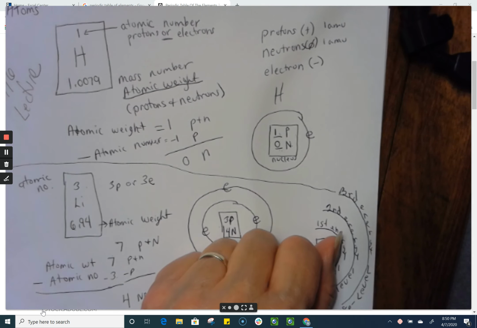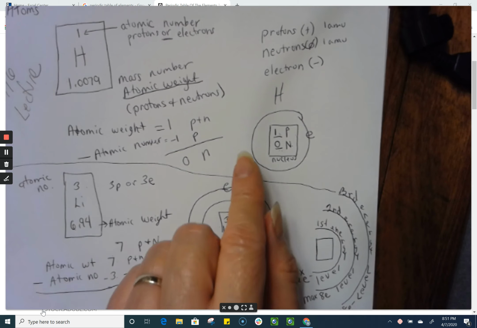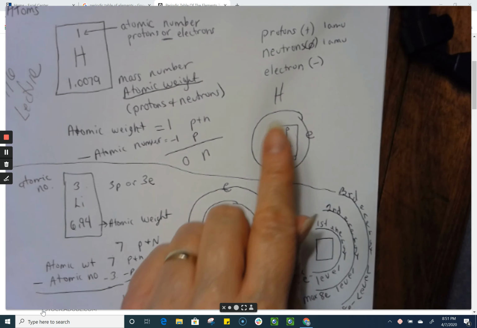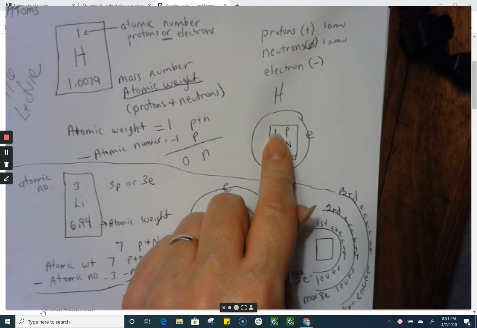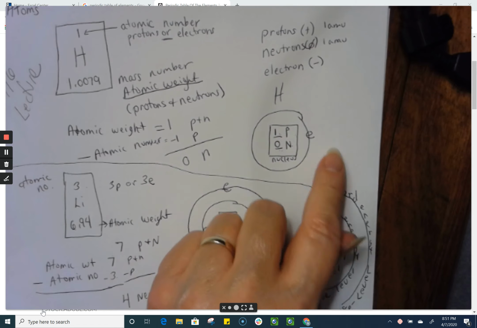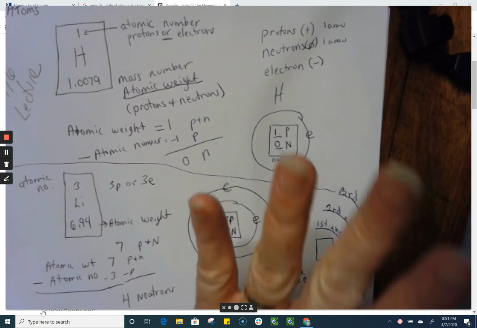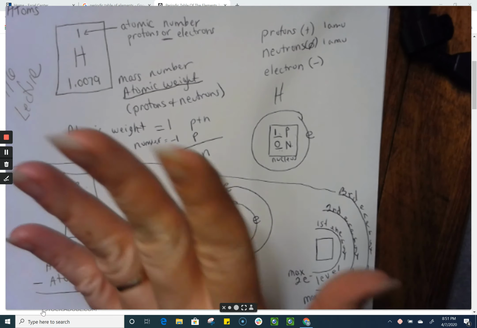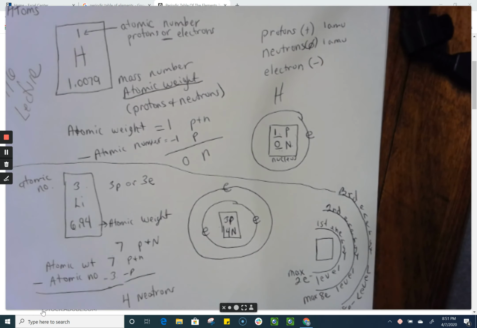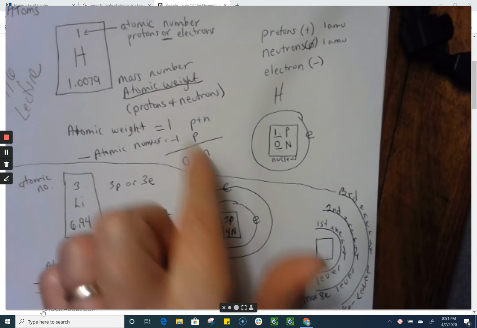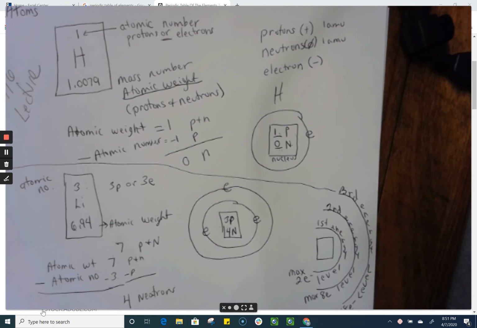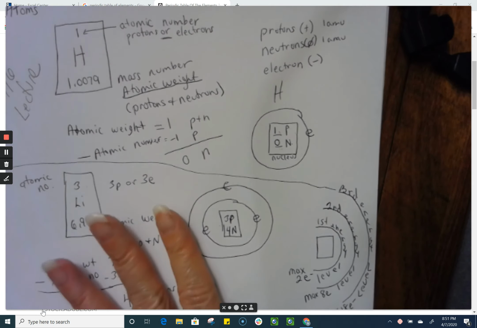If you had something spherical, then this is like a cloud. If the nucleus is like the Earth, then the electron cloud is like our atmosphere. Those electrons can move around the nucleus all the way around it. It's not just going in a little circle. It would be like floating through our atmosphere. Okay.